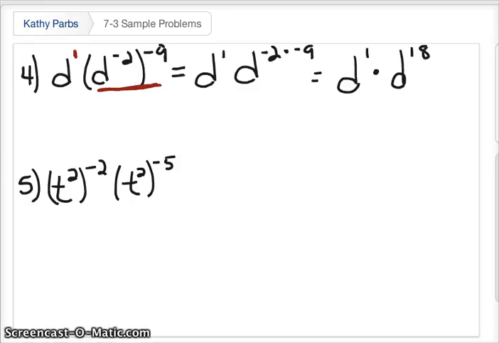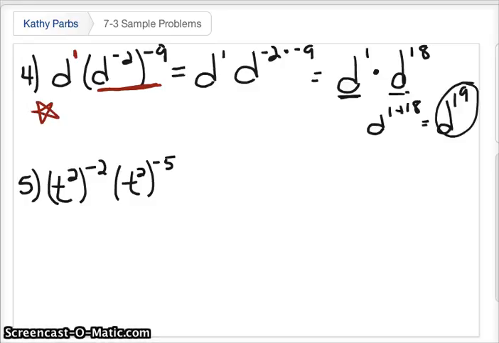And now the exponent of 1 has its own base, and the exponent of 18 has its own base. So now we will add the 1 and the 18 to give us d to the 19. So this is a good problem to study so that you know when to add and when to multiply exponents.